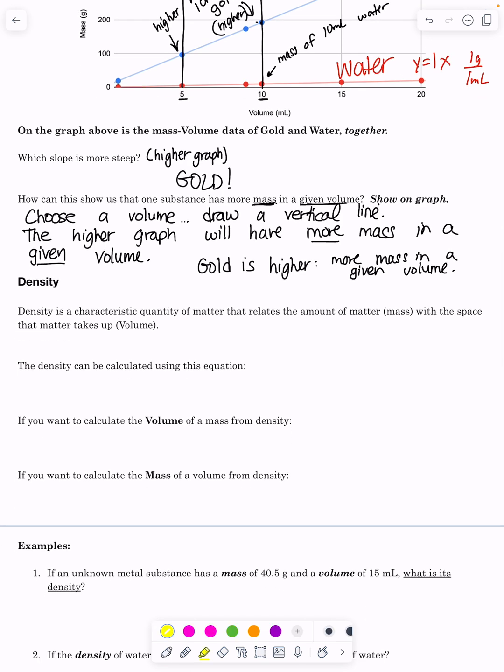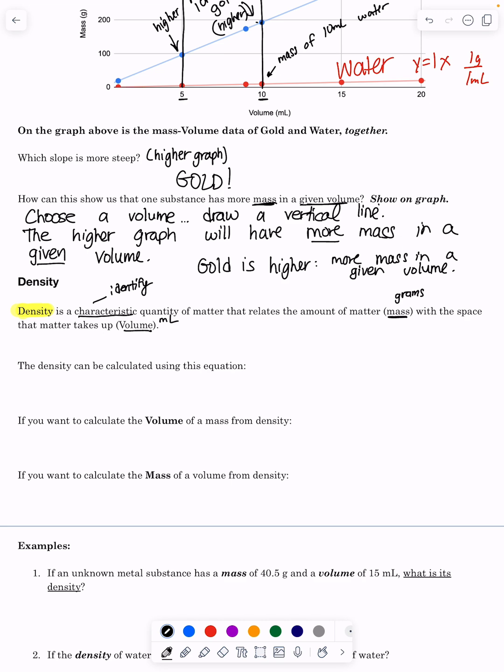This is all density. So density is a characteristic quantity of matter. Characteristic means it could be used to identify. That's kind of like our whole little gold necklace challenge thing. So density is a characteristic quantity, meaning it could identify matter, that relates to the amount of matter, which is mass in grams, with the space that matter takes up, which is volume.